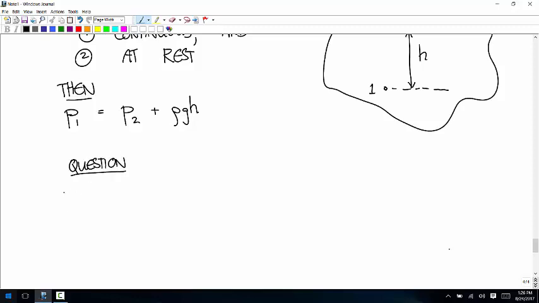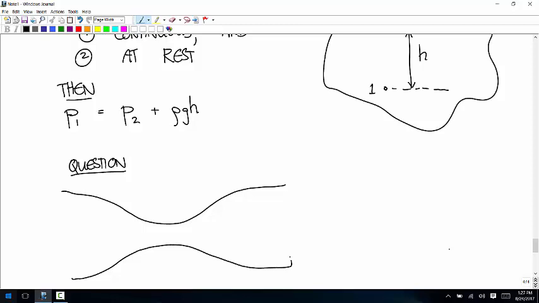Okay, so a thing like this is called a Venturi tube. You have a fluid flowing this direction through it. It speeds up here and is slower here and here.